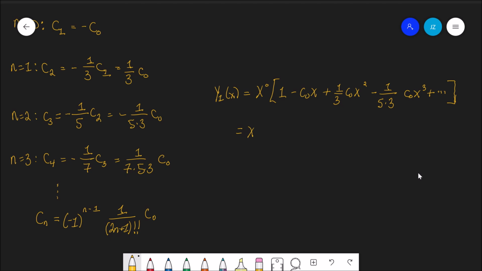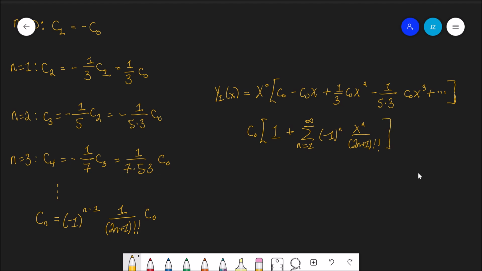So x to the 0 is of course 1, so we wind up with C naught, this should be a C naught up here, times 1 plus a summation n equals 1 to infinity of negative 1 to the n x to the n over 2n plus 1 double factorial.